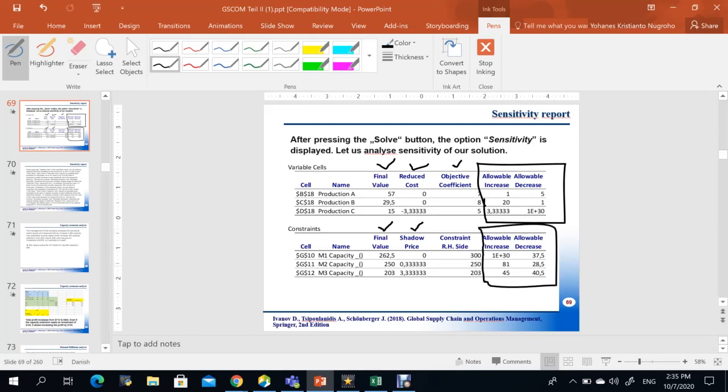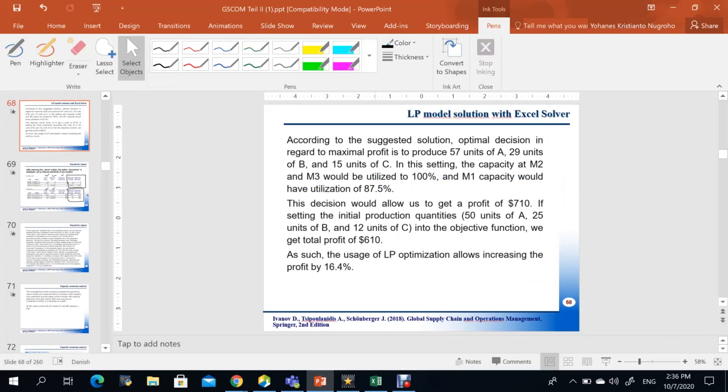So we can see from the lower table that the capacity utilization for machine number 1 equal to 262.5 divided by 300, and that's about 87.5%.